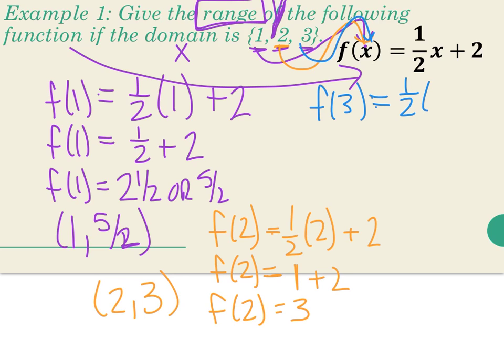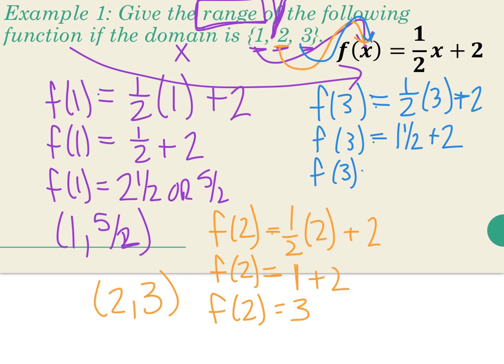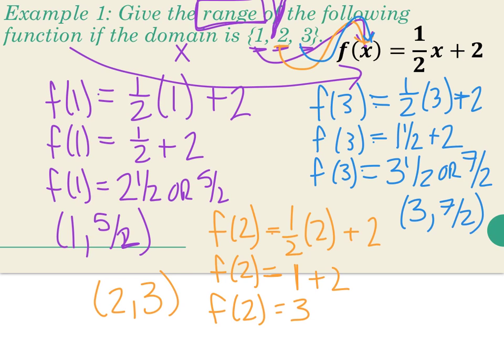We have 1/2 times 3 plus 2. f of 3 is equal to 1.5 plus 2, which is 3.5, or you could write that as 7/2. So when we plugged 3 into our function, we got out 7/2.